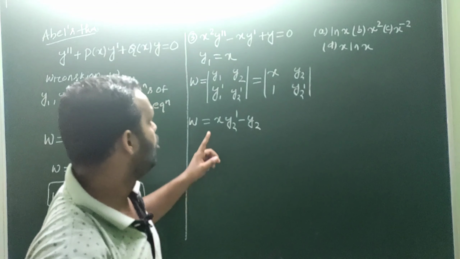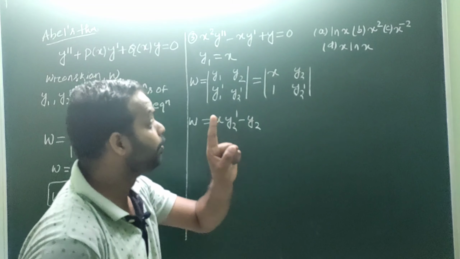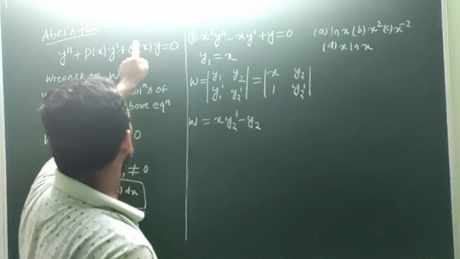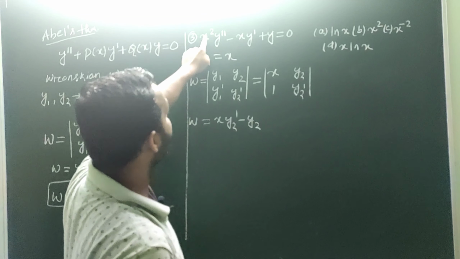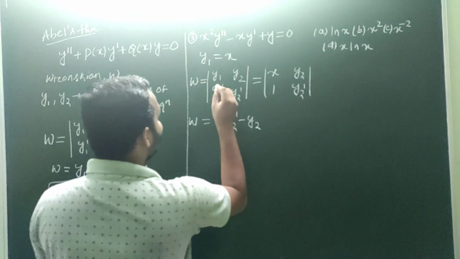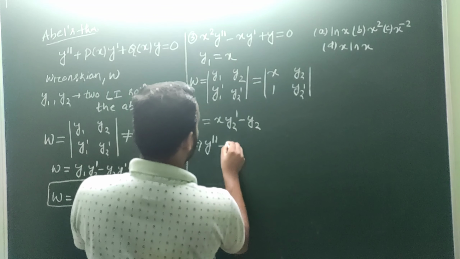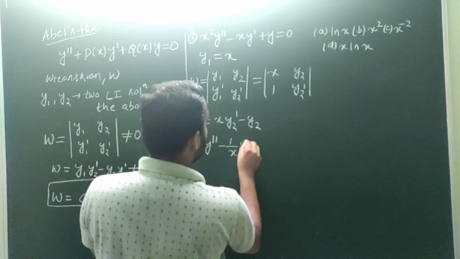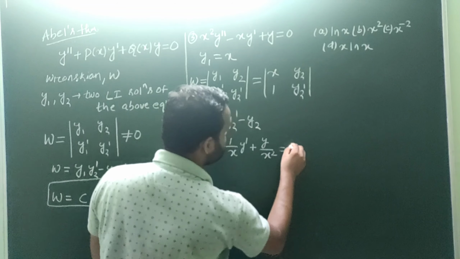And I told you we can find this Wronskian from the equation directly, but you have to convert the equation into this format. So for that we divide by x square everywhere. By dividing by x square, you get y double dash minus 1 by x y dash plus y by x square is equal to 0.